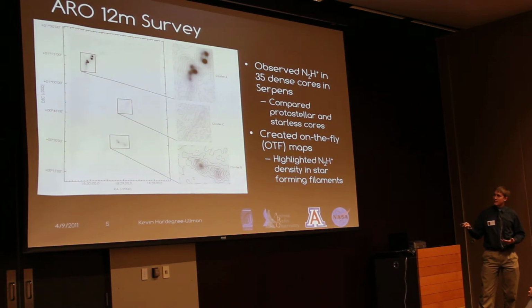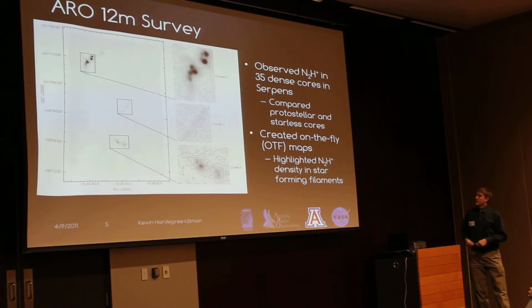You see cluster A, cluster B, and cluster C. And what we did was, in Melissa's paper, she had identified 35 dense cores, so things that are either stars already or maybe going to be stars in the future. And we looked at all these cores and detected N2H plus in every single one of these cores.